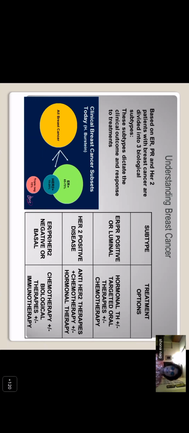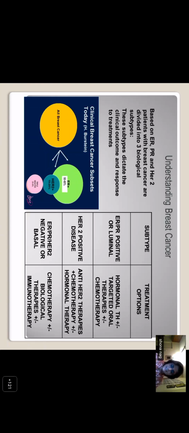If you look at the cartoon below, you can see we have 65 to 75% of ER positives. This is different in India. It's lower, it's 50 to 60%, perhaps reflecting the younger age of our population and younger age of our breast cancer patients. HER2 is about 15 to 20%, and triple negative, which is 15% in the West, is 25 to 30% in India.